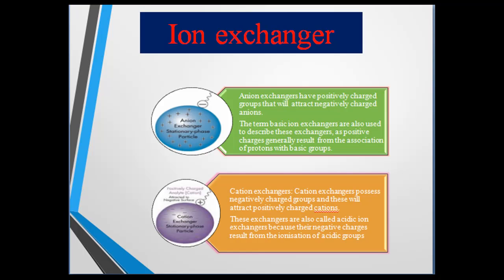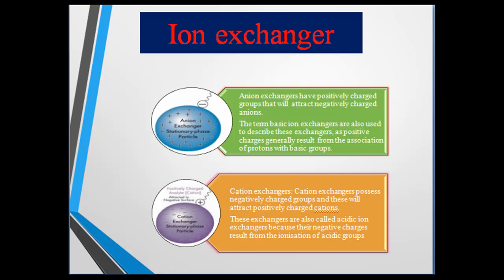There are broadly two types of ion exchange chromatography, that is cation exchanger and anion exchanger. Cation exchangers possess negatively charged groups, and these will attract positively charged cations. These exchangers are also called acidic ion exchangers because the negative charge results from ionization of acidic groups.